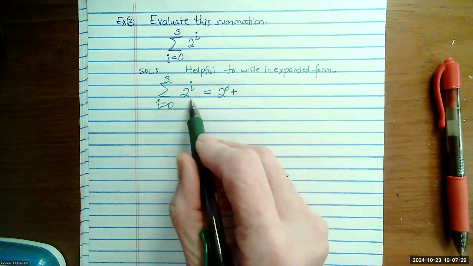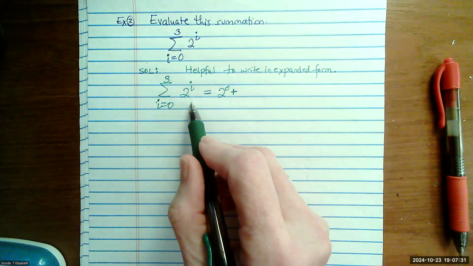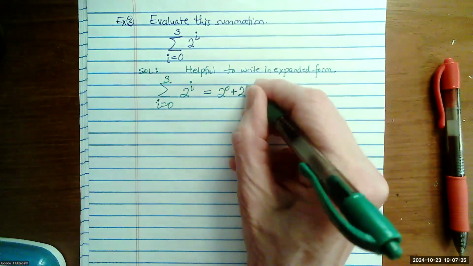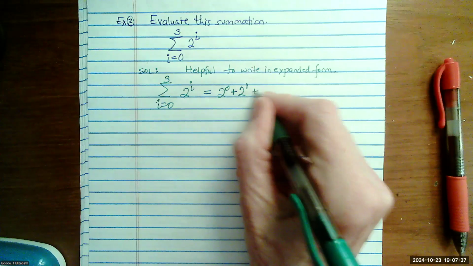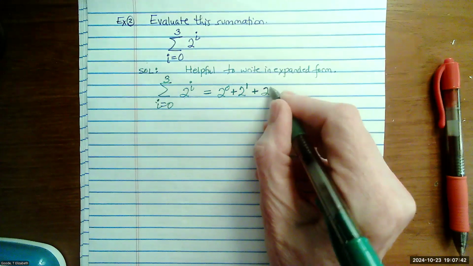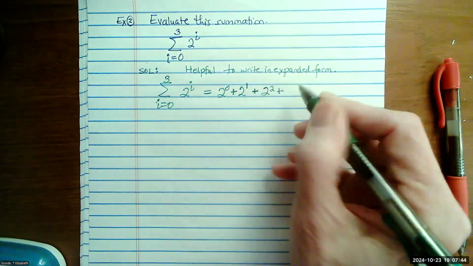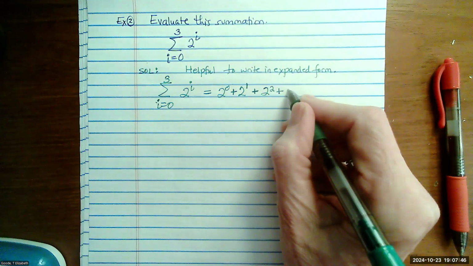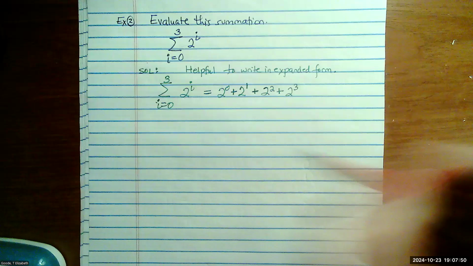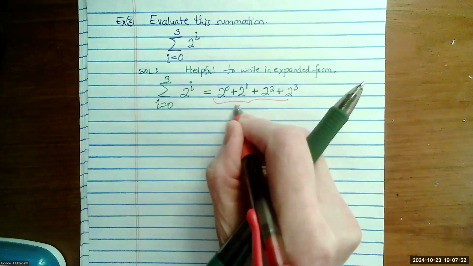So what's the next term going to be? 2 to the first. Exactly. Keep going. 2 squared. 2 to the power 2. Yes, good. And what's that last term? 2 to the power 3. Nicely done. Great. Fantastic. So this is what we call expanded form.